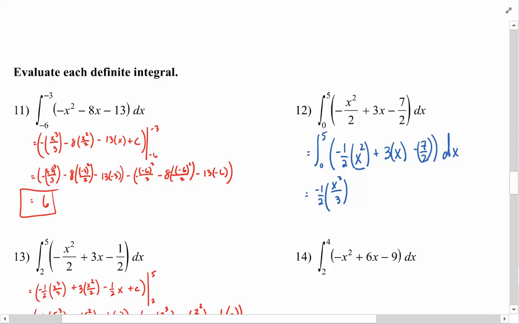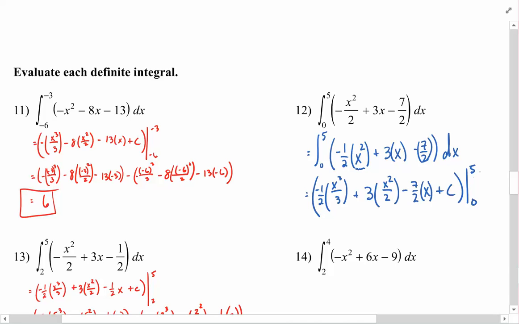That's the antiderivative of x squared. And then we have this coefficient of 3 that multiplies by x squared over 2. And this requires a subtraction of 7/2 times x plus c. And all of this will be evaluated between the values 0 and 5.